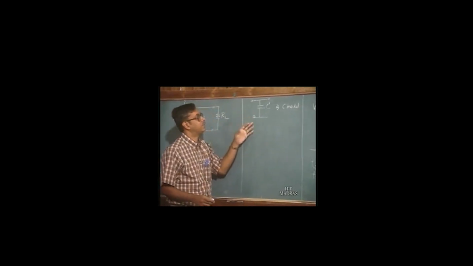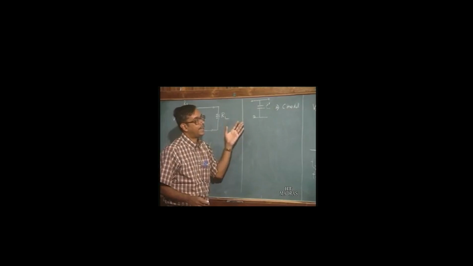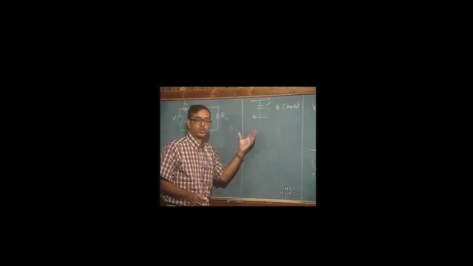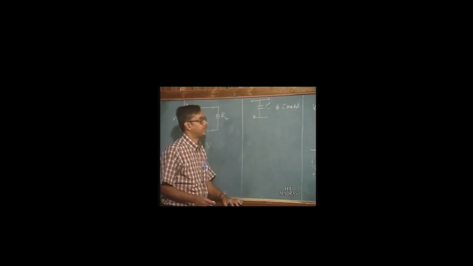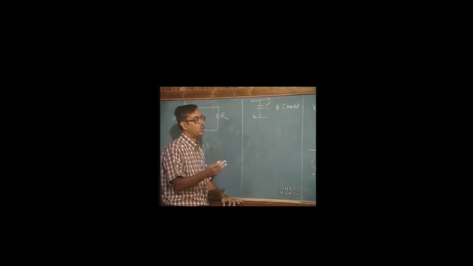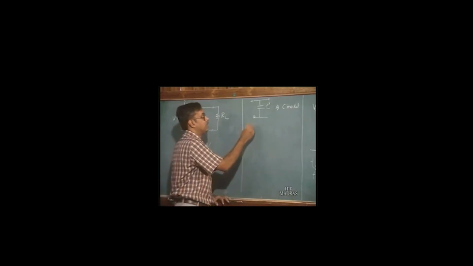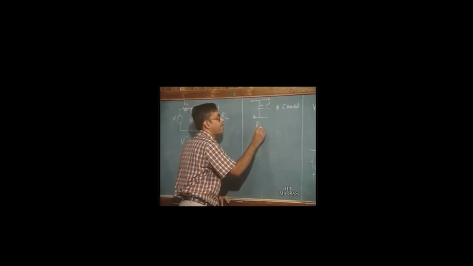Now in this case, of course, we can neglect the actual resistance of the line, because the source resistance is so high, it plays a dominant role. So this is valid when Rs is very much greater than R naught.